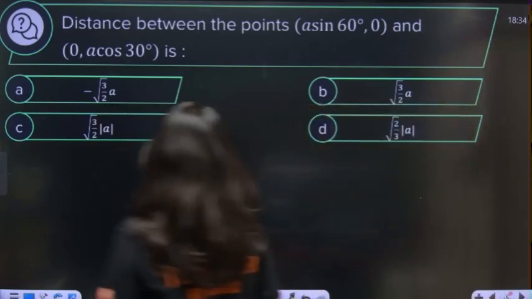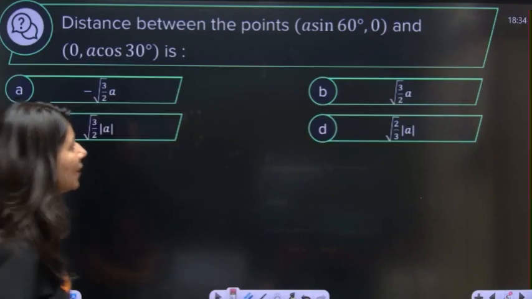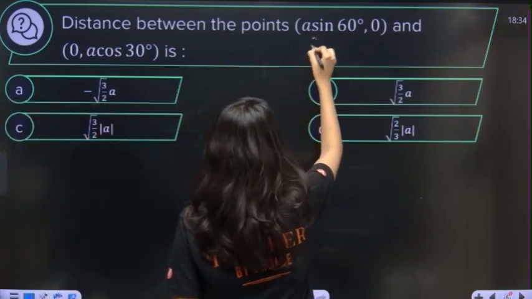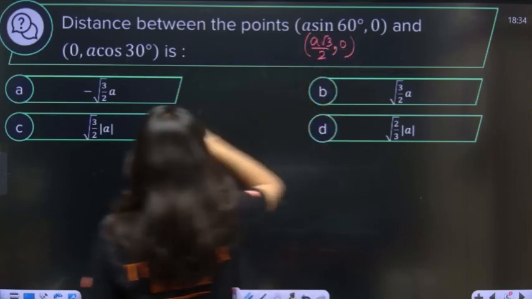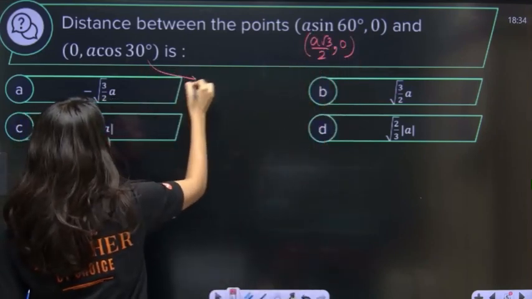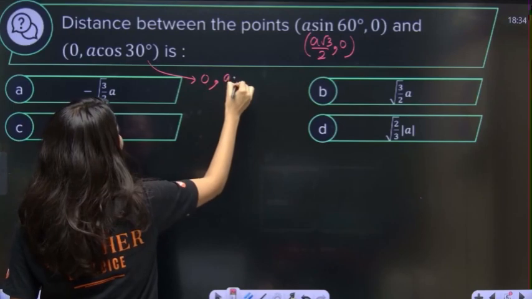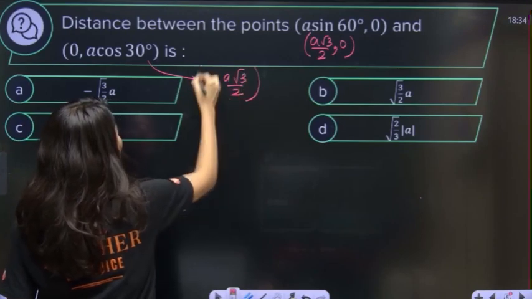Distance between the points A sine 60 degrees comma 0 and 0 comma A cos 30 degrees. A sine 60 degrees is nothing but A root 3 by 2, and A cos 30 degrees is also root 3 by 2.